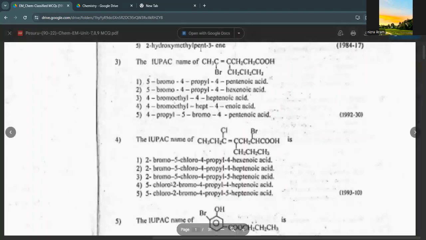Now start 3 and 4 quickly. Just pick the answer and put it in the chat box.